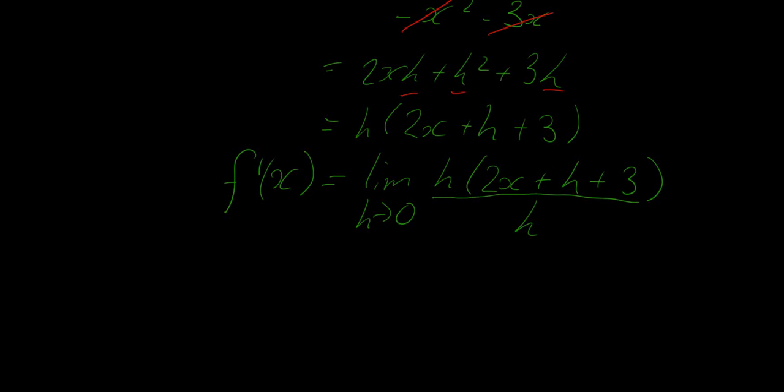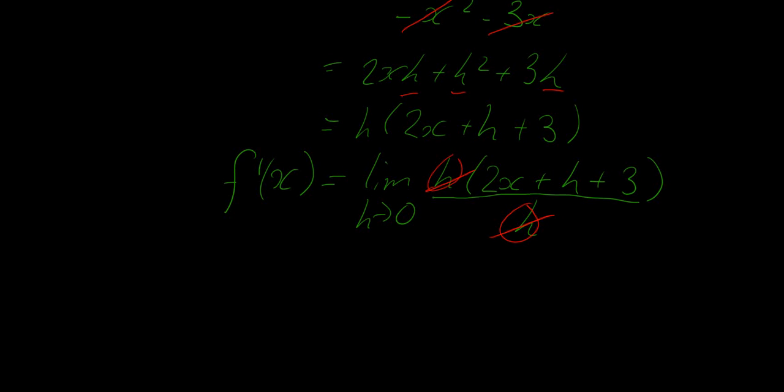So the reason why we factorized h out is so that these two can be negated with each other. And one other reason for doing that is because when you make h approach 0 and you make your denominator 0, this means that you end up with an undefined value, which is not what we want. So this is why we want these two to cancel out with each other.